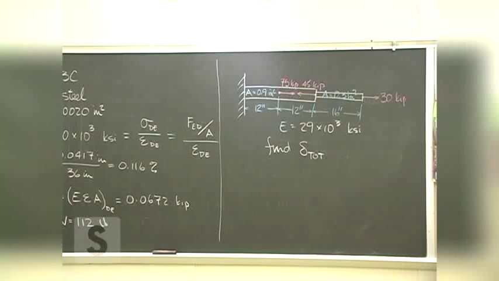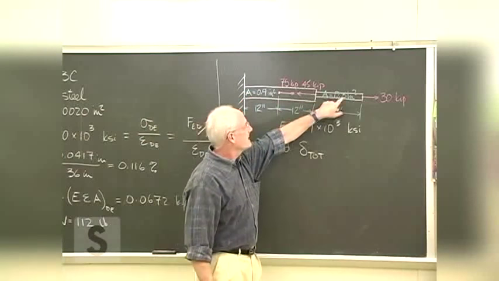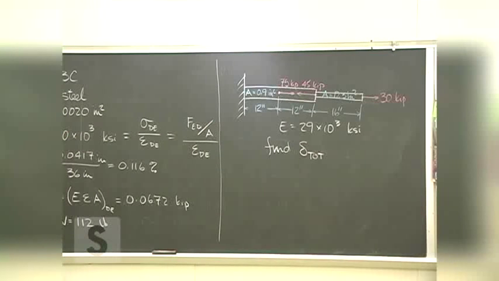That's 0.9 inches squared here on the bigger piece, 0.3 inches squared there on the smaller piece. A36 steel.